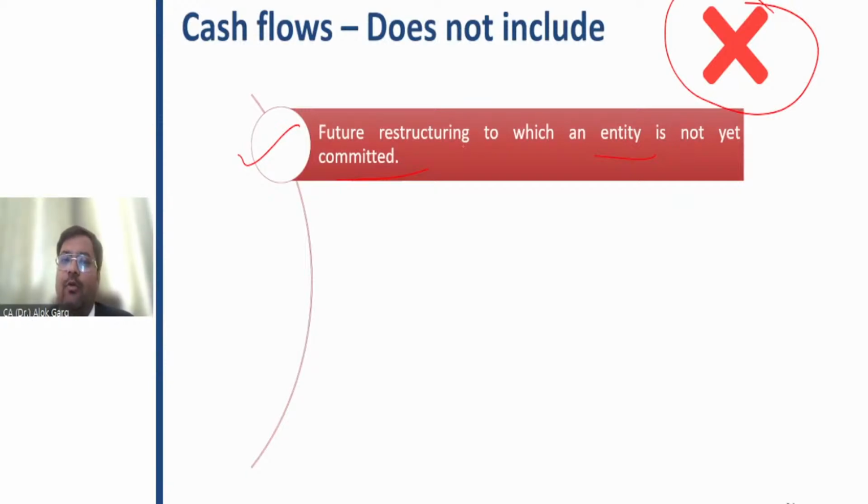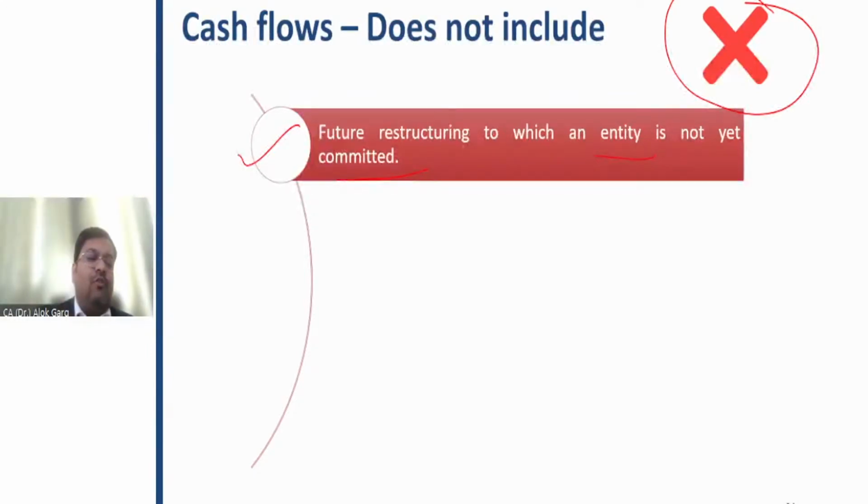And while doing the value in use for that plant, the entity is saying that after 5 years, we will be relocating to a remote place where the cost of maintaining this plant will become very low, where the labor will be very cheap, and the rent and other costs will also go down substantially. So the answer is no. The company cannot expect such kind of restructuring which is not yet committed while doing the projected cash flow.